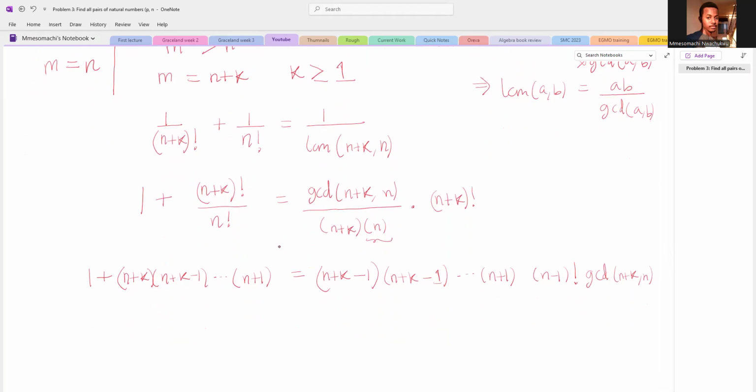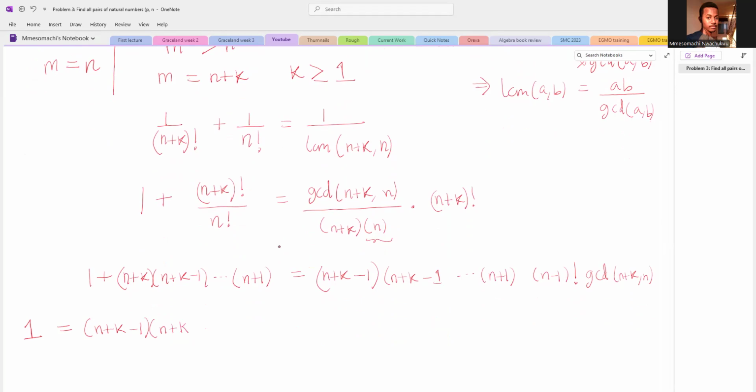Before I do that, let's simplify further. We can take this to the other side, and we have a common factor here. So I'm going to write out the common factor. I'm skipping some steps here.